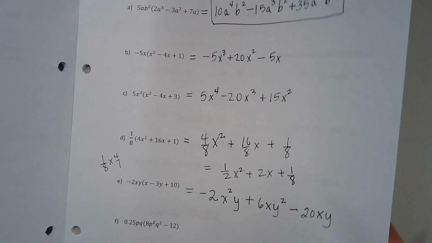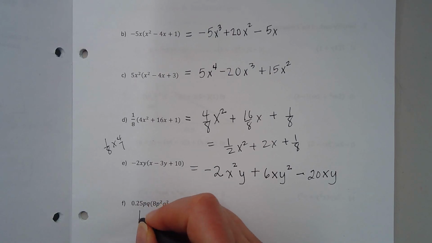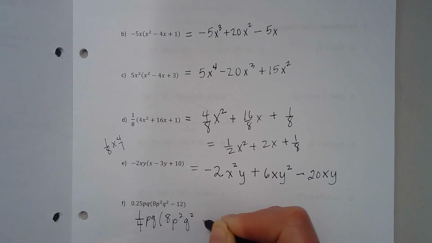All right, last one, it's involving a decimal. If I told you didn't have a calculator to use, do you think it's easier multiplying this in decimal, or what's 0.25 in fraction form? 25/100 or 1/4, right? Is it easier for you to look at it like this? 1/4 PQ times 8p squared q squared minus 12?